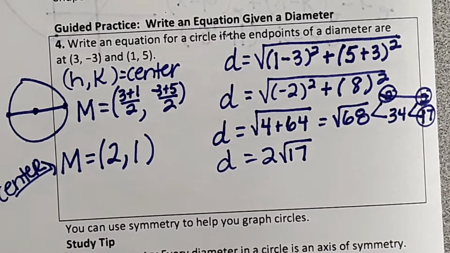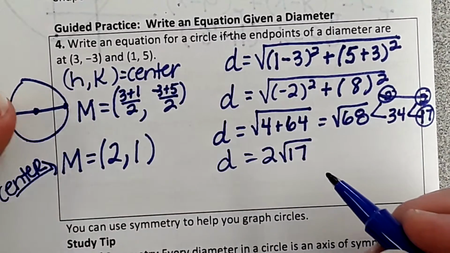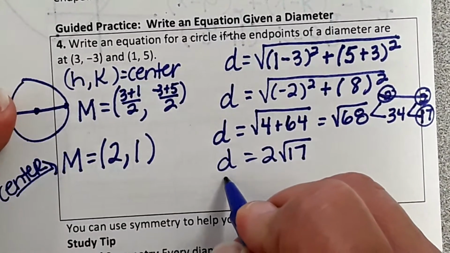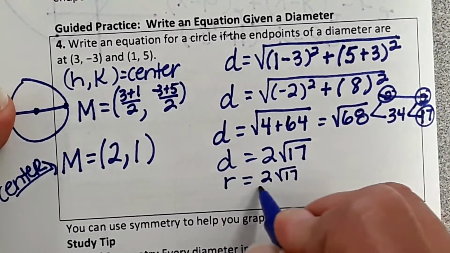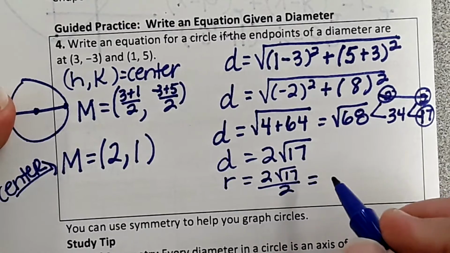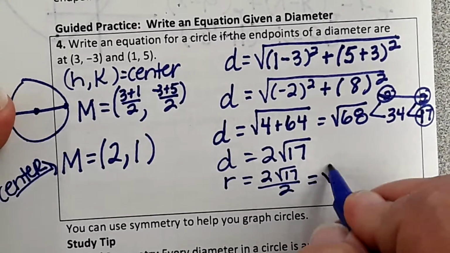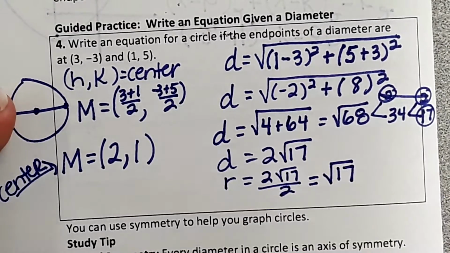I want to find the length of my radius, okay? So how do I find the length of my radius? My radius is going to equal 2 square roots of 17 over 2, which equals the square root of 17.